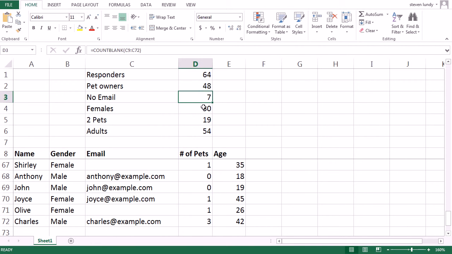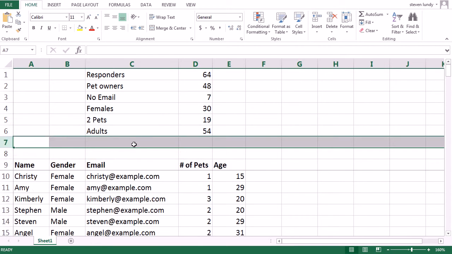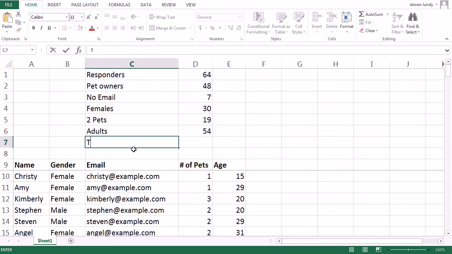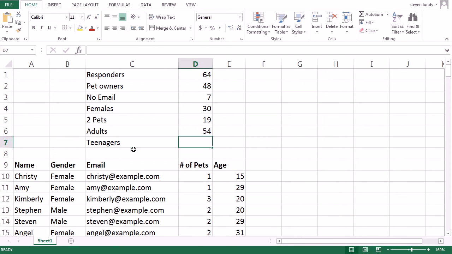Here's another tricky number to count. How many people surveyed are teenagers? Here are 2 ways to solve this problem. We could count everyone who took the survey and subtract the people younger than 13 and older than 19.